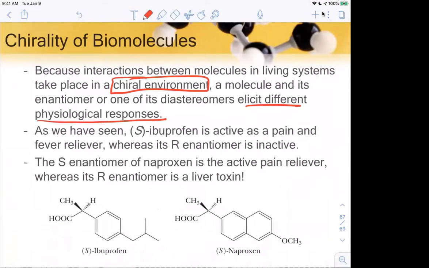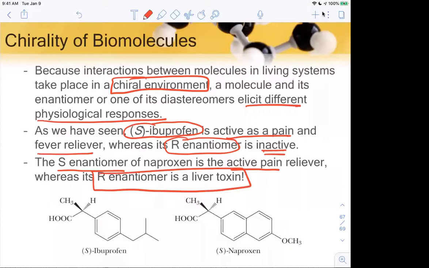For example, S-ibuprofen is active as a pain and fever reliever. The R enantiomer is inactive. For naproxen sodium, the S is active, and the R is actually a liver toxin. That binds to a different receptor and causes an adverse event.